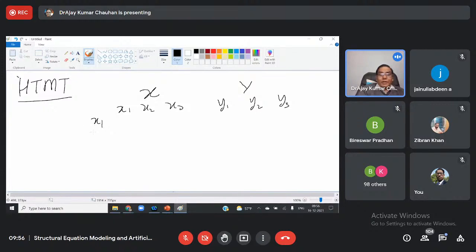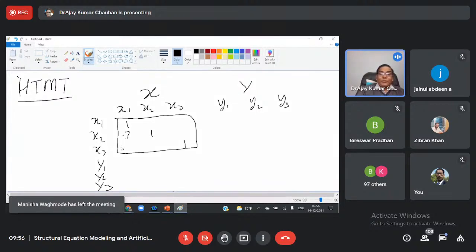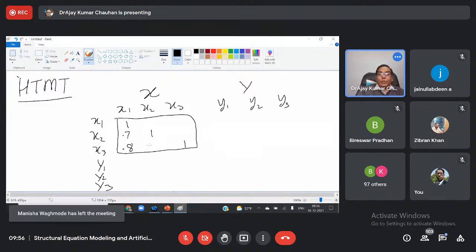If we take the correlation values, this box is showing you the correlation between X1 and X1, which is 1, and all other values are showing you the correlation between X1 and X2. Suppose it is 0.7, X1 and X3 is 0.8 because they belong to the same construct, and X2 and X3, the correlation is 0.7.